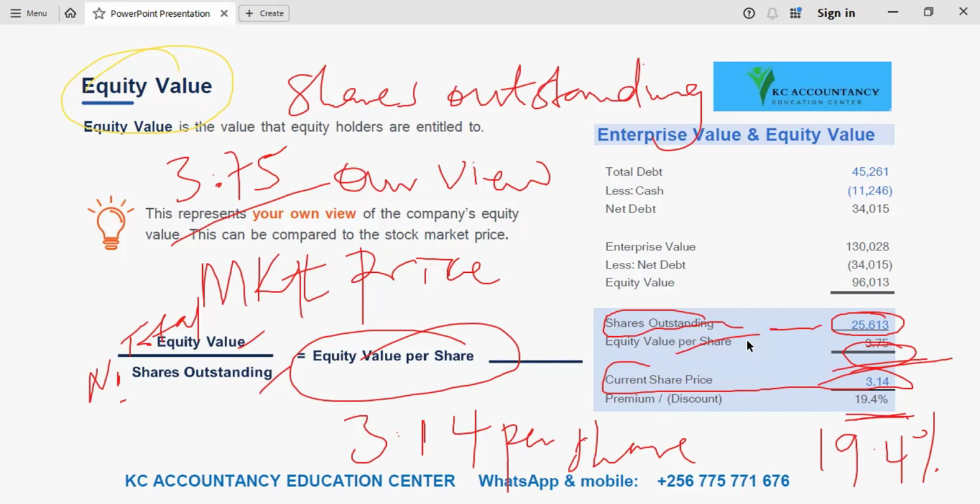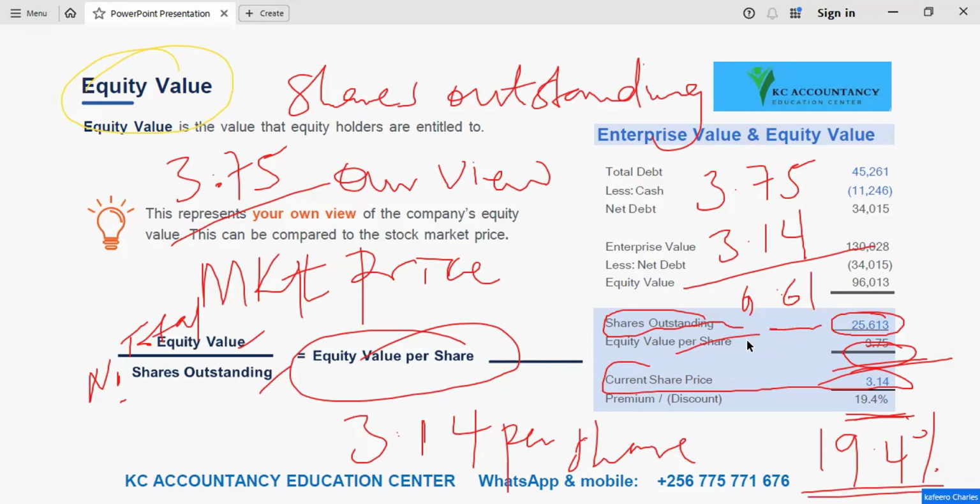In other words, when you take the 3.75 minus the 3.14, that is 0.61. That gives you a percentage of 19.4, meaning it is higher than the value prevailing in the market.